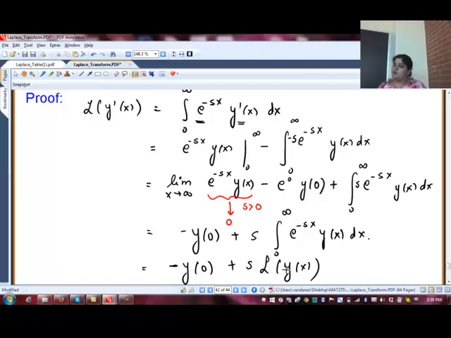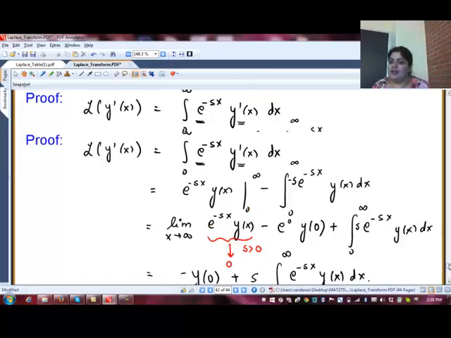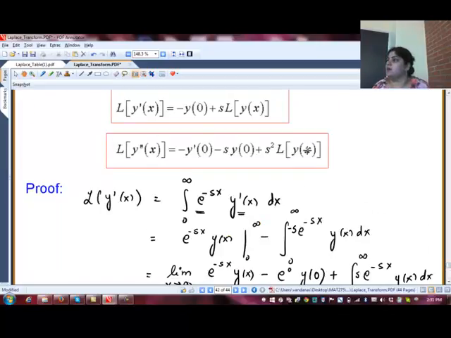All y prime. But we want the Laplace transform of y. Then I can handle this particular term and place this whole formula there. And if you do that, you will exactly get this expression up here.